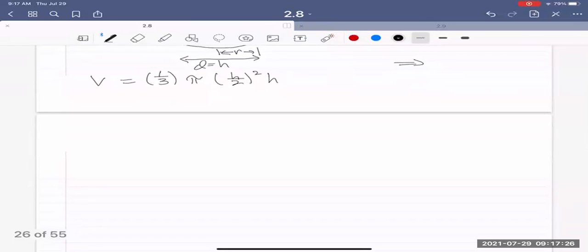So V is equal to pi over 12 times h squared times h, which is h cubed, since 2 squared is 4 times 3 is 12.